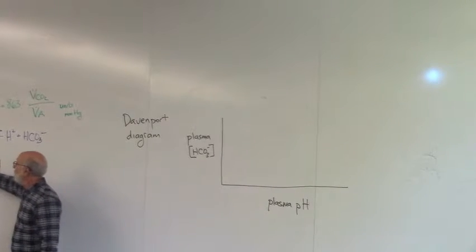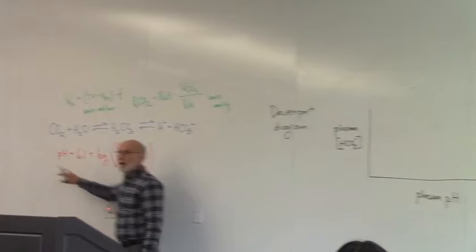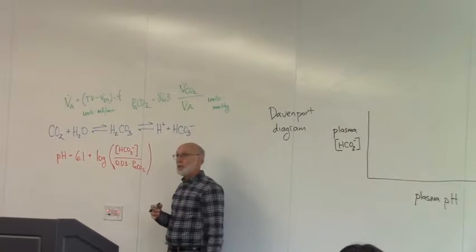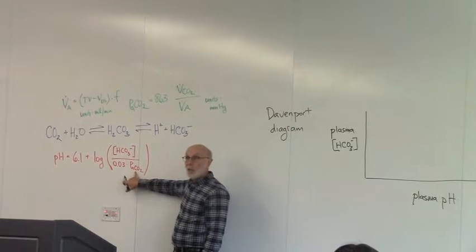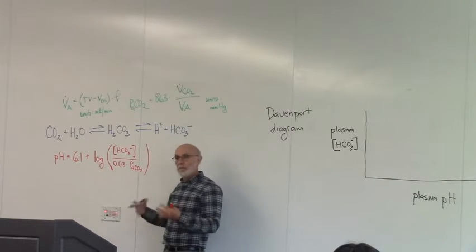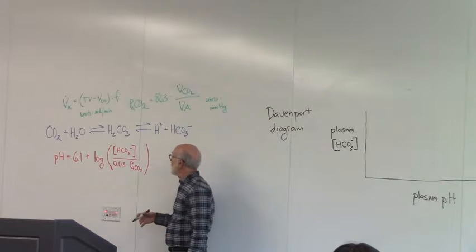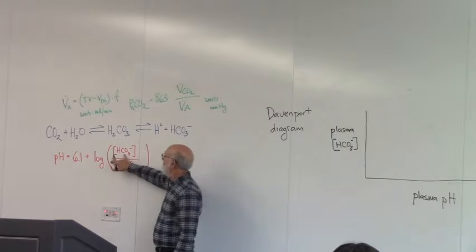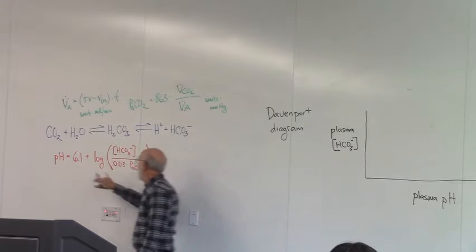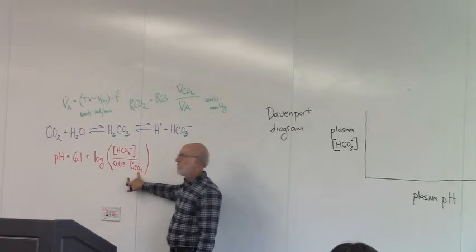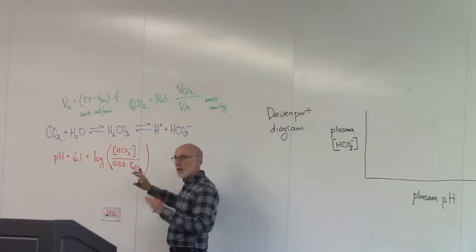It's actually a three-dimensional equation because this is a variable as well. So in order to make it two-dimensional, we plot bicarbonate as a function of pH for a given arterial CO2. So we're going to start with just a fixed arterial CO2.